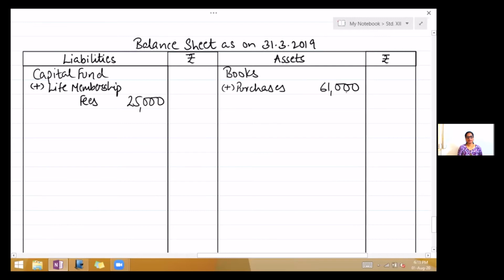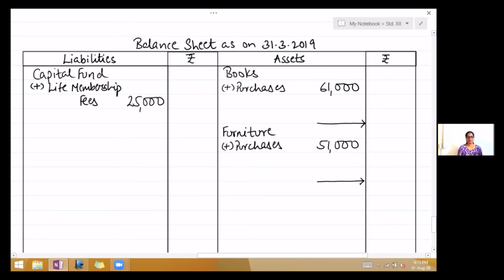Leave 2 lines. Then is furniture. Again, this is purchase of furniture, and we've got furniture as additional information. So write furniture, leave that line, write add purchases on the next line, which is 51,000, and leave 2 lines.